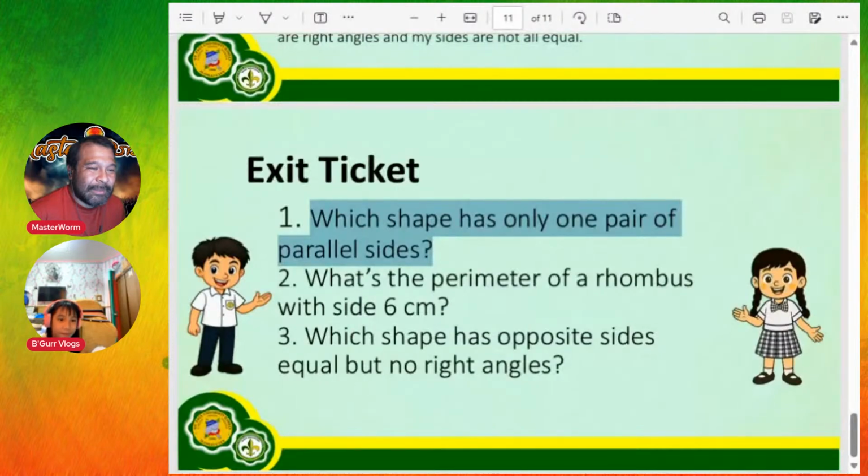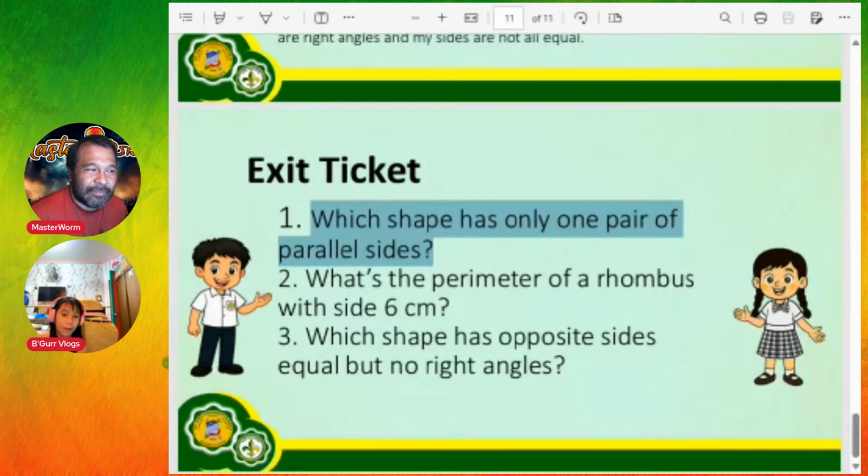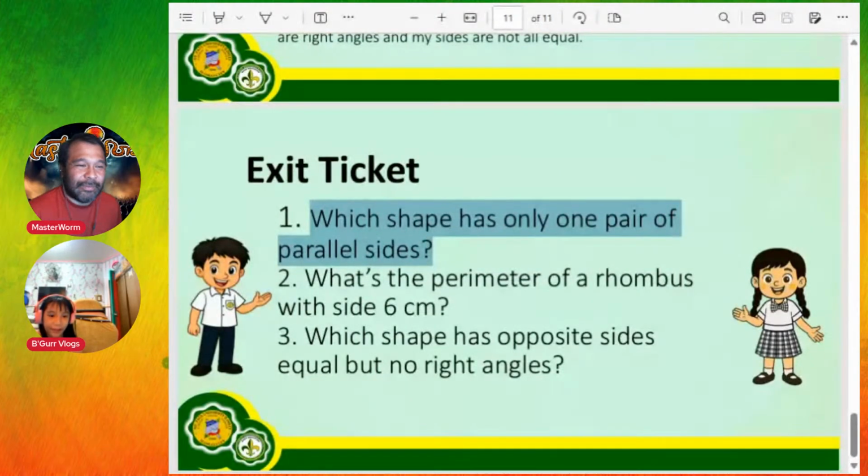So 6 plus 6, how much? 6 plus 6 is 12. And you add another 6. 12 plus 6, how much?